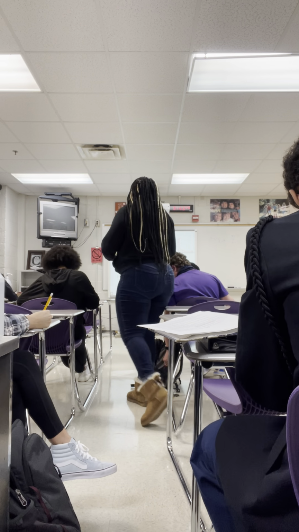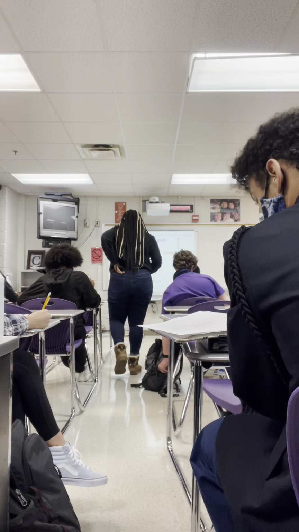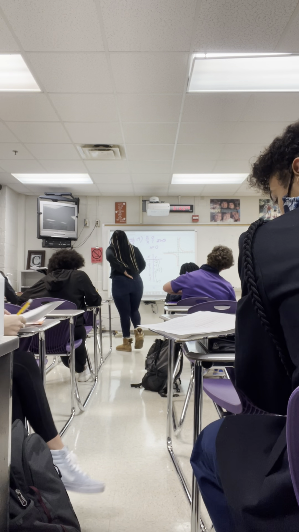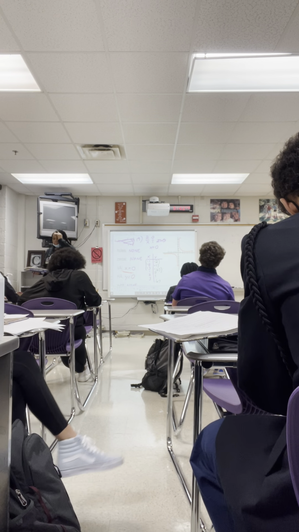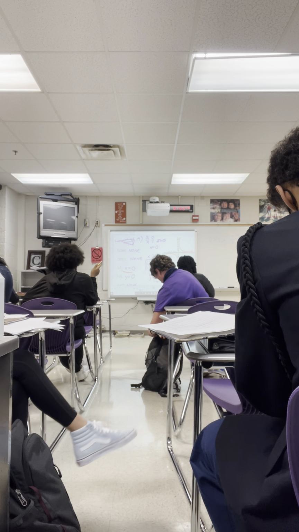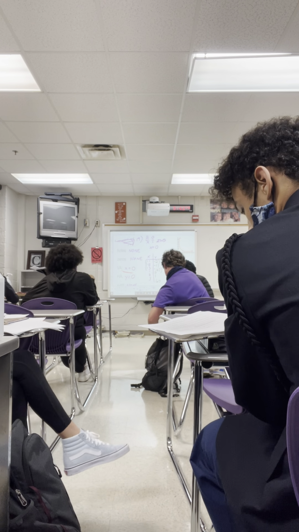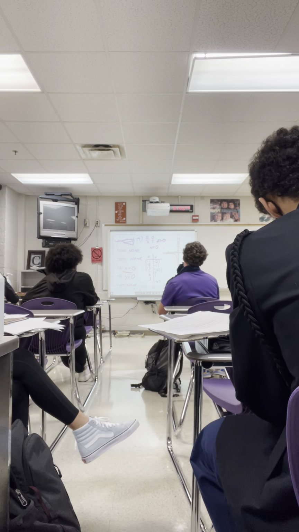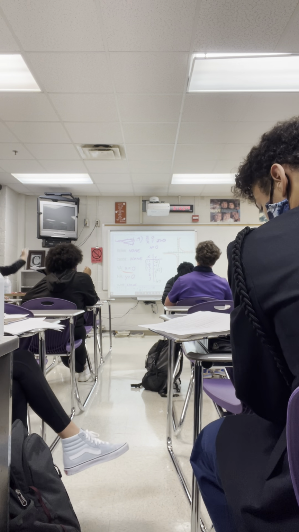Carry your negatives around too. 2 negatives make a positive. Whenever you plug in zeros, don't forget the other parts of the equation. A lot of people are doing that.